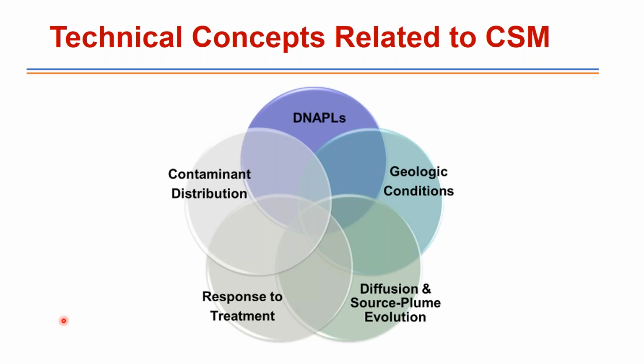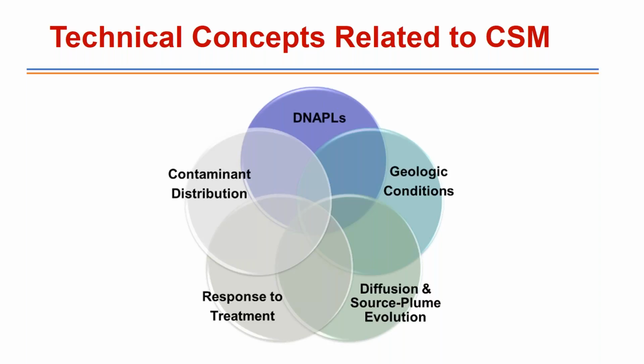So when you're thinking about what you would include in a conceptual site model, this is just another visualization of what you might consider. If you have DNAPLs present, that's obviously going to be a dominant factor in your CSM. Geology, this idea of back diffusion, if that plays a role at your site, if you have either a fractured rock setting or low permeability zones that may be distributed throughout your site.